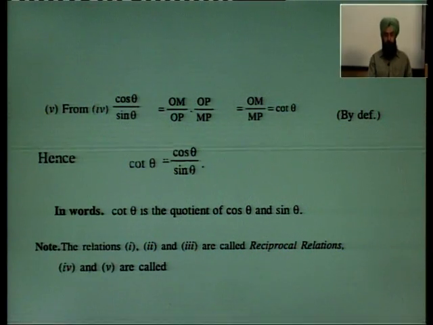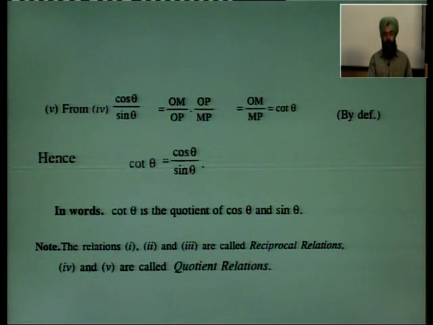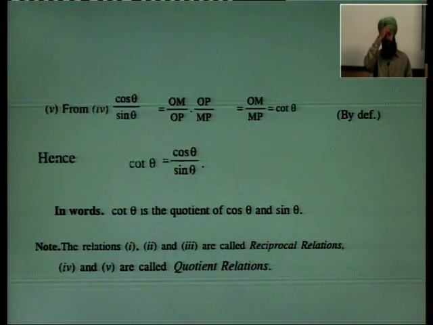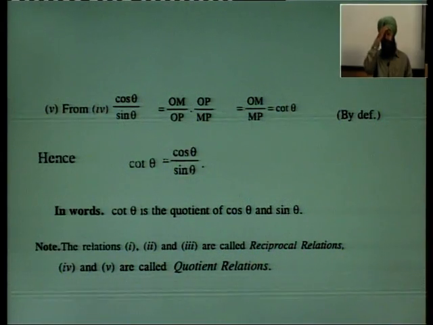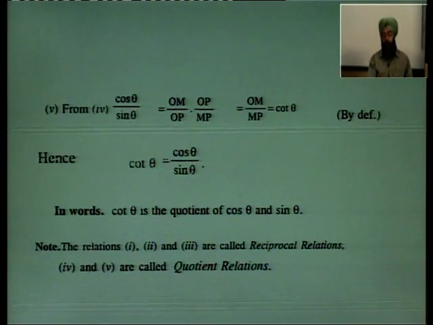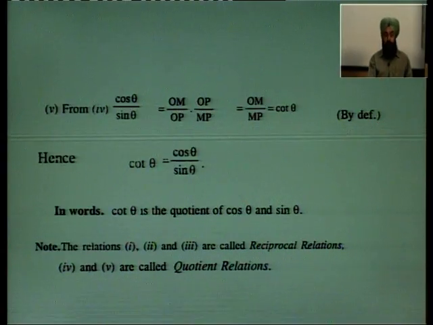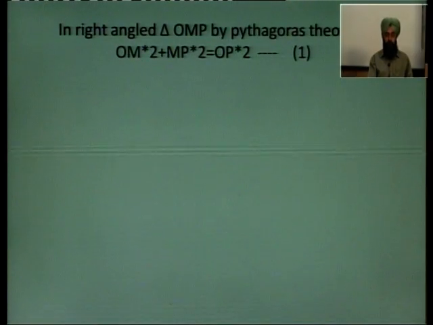The relations fourth and fifth are called quotient relations, because tan theta is the quotient of sin theta and cos theta, and cotangent theta is the quotient of cos theta by sin theta. So, the last two are the quotient relations and the first three are the reciprocal relations.